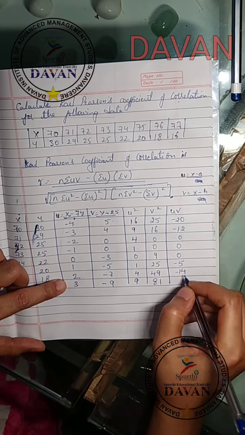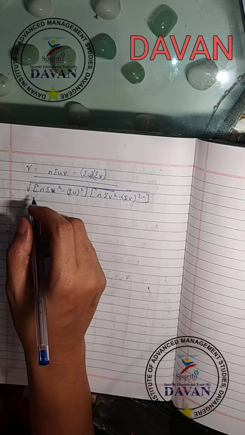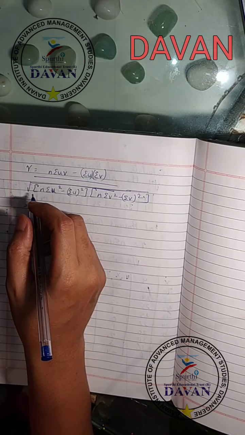So what is n? n is the number of values they have given. So it is 1, 2, 3, 4, 5, 6, 7, 8. Small letter n is the total number of values they have given. It is 8 into summation uv.